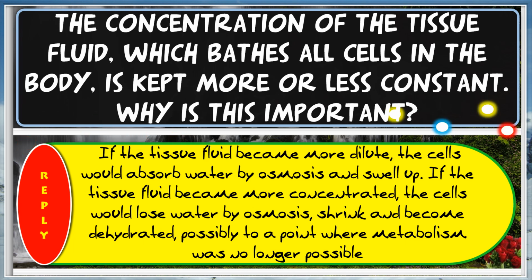If the tissue fluid became more concentrated, the cells would lose water by osmosis, shrink, and become dehydrated, possibly to a point where metabolism was no longer possible.